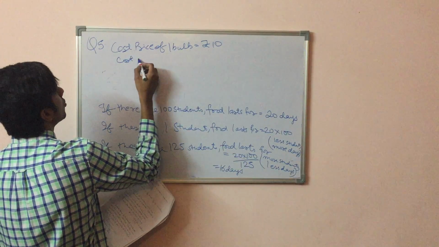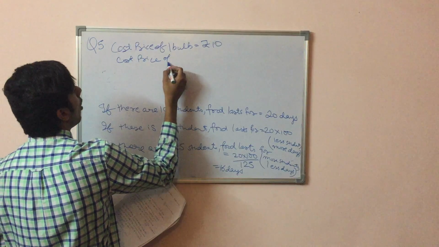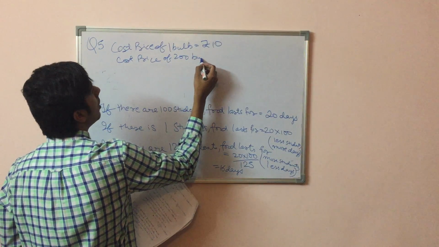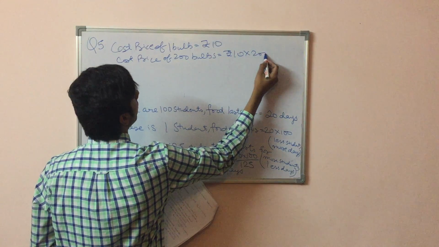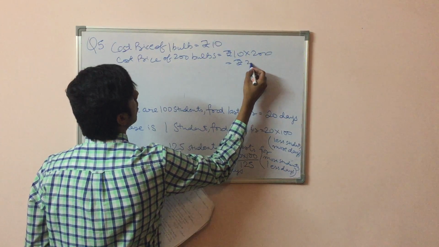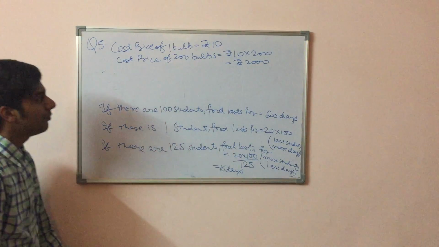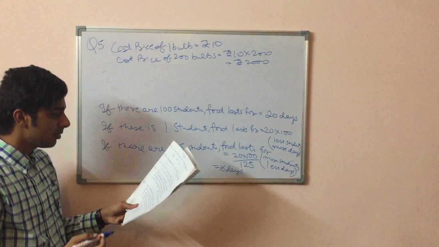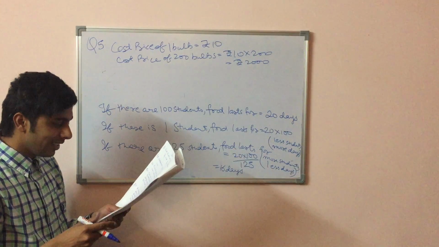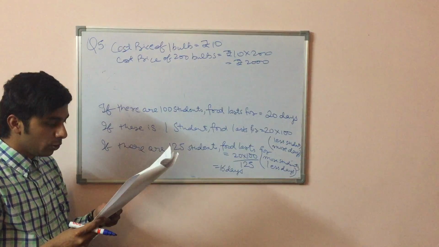So the cost price of 200 bulbs is equal to rupees 10 into 200, which is equal to 2000, right? So this was 2000, the cost price of 200 bulbs. After that they say, however, 5 bulbs were fused.